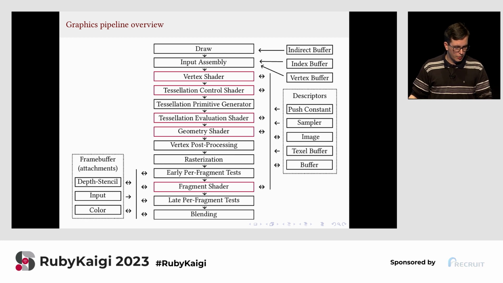Some of those are optional. Some of those you need to configure with code. Those within the colored boxes are customizable. And on the left, you have where the graphic pipeline renders the output. The color attachment is the image that is going to be displayed on the screen.